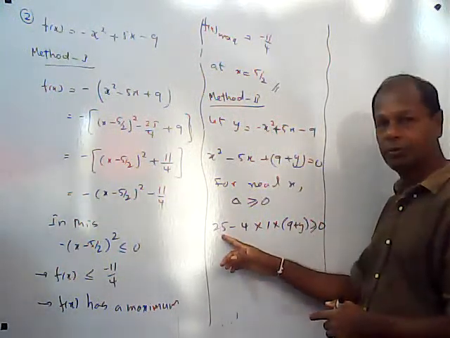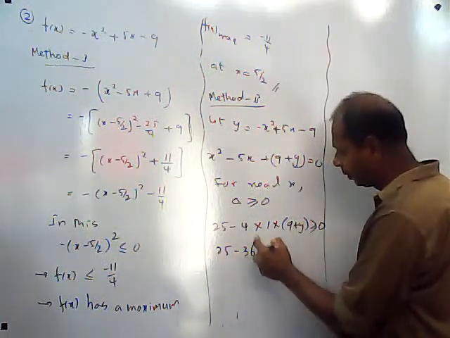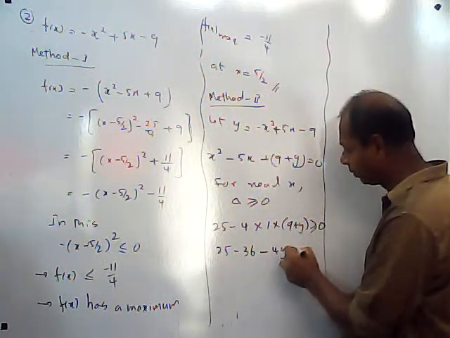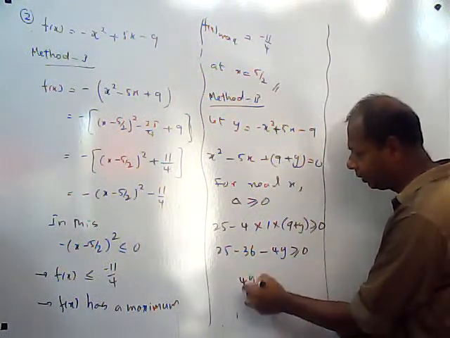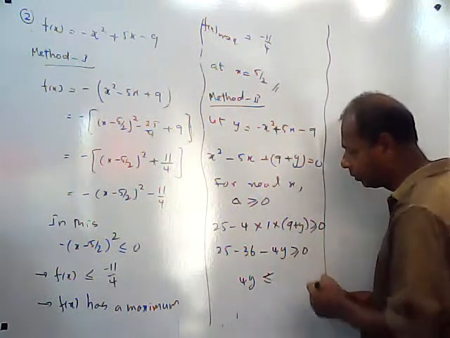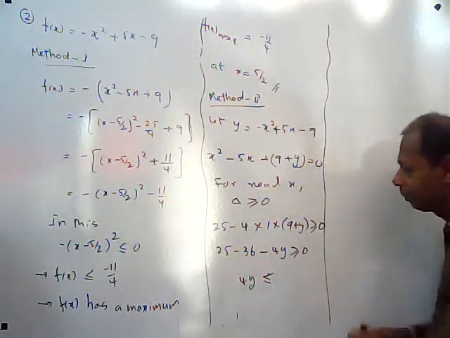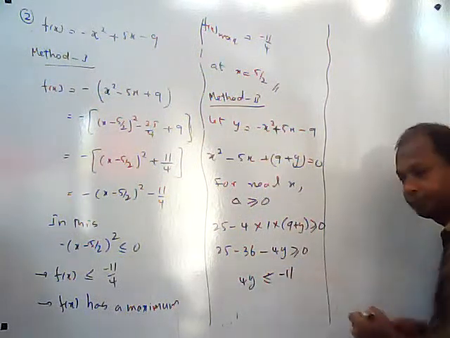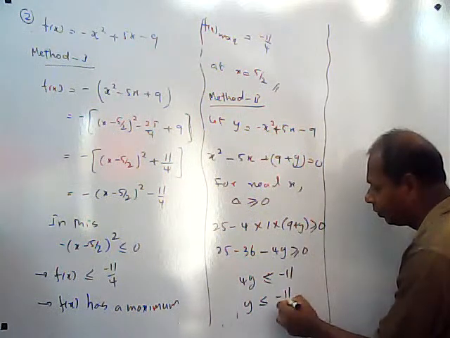You get 25 minus 36 minus 4y is greater than or equal to 0. 4y goes to the other side, so y is less than or equal to 25 minus 36, that is minus 11. So you get y is less than or equal to minus 11 over 4.